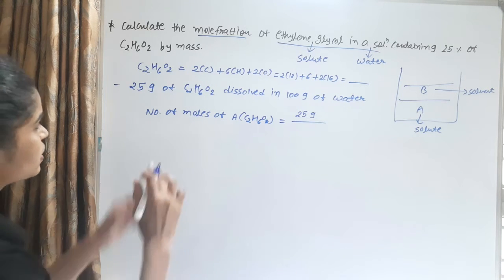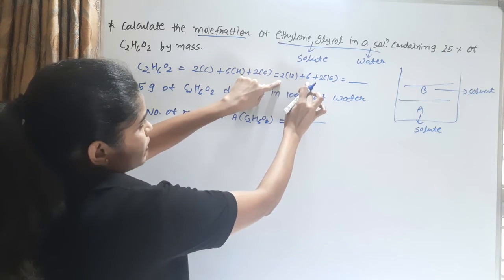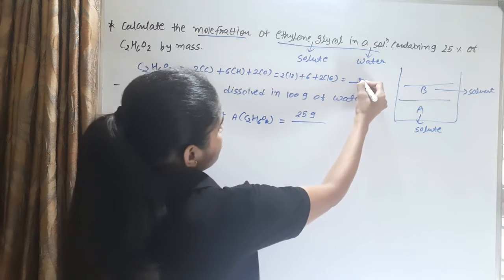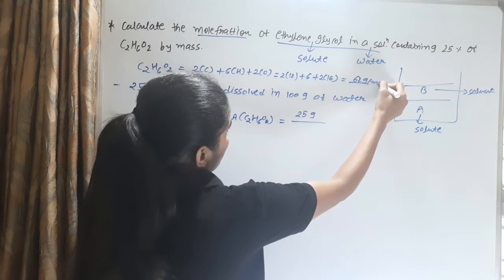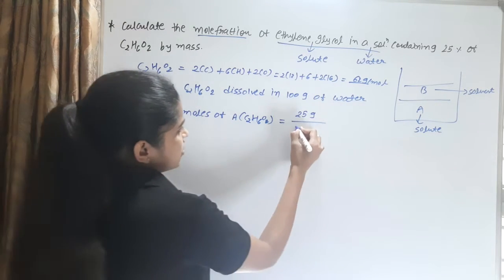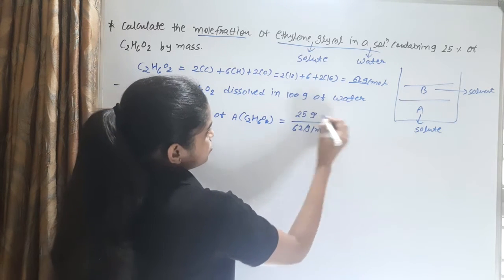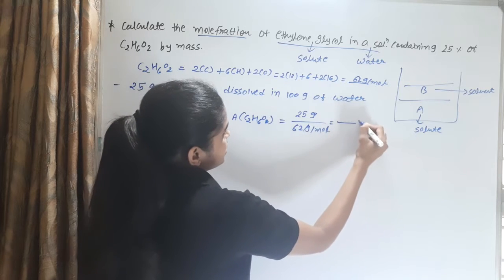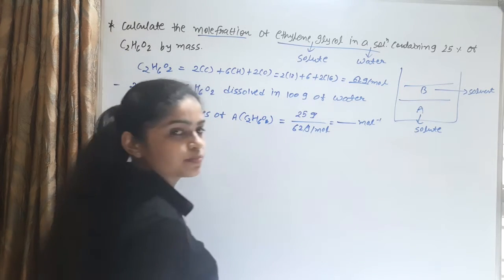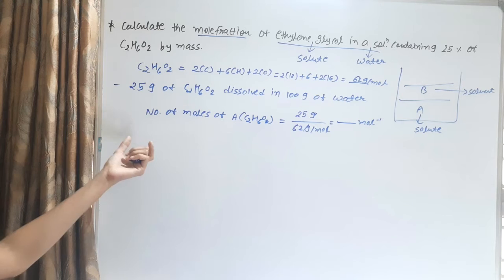Its value is 24 plus 6, 30, 30 plus 32, 62 gram per mole. So 25 divided by 62 gram per mole. Gram cancels out, so 25 by 62 mole. That is the number of moles of A.